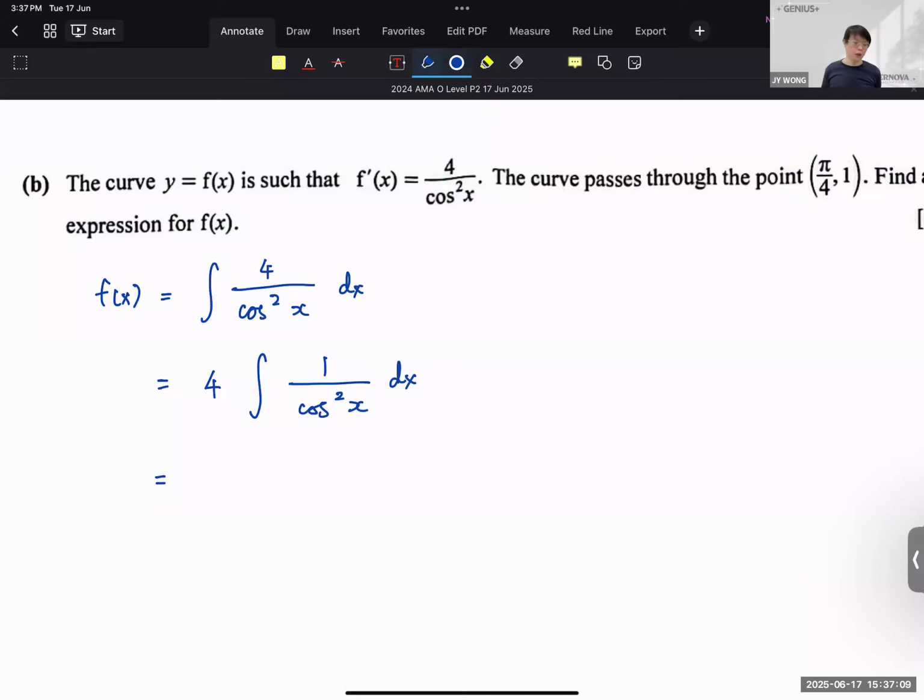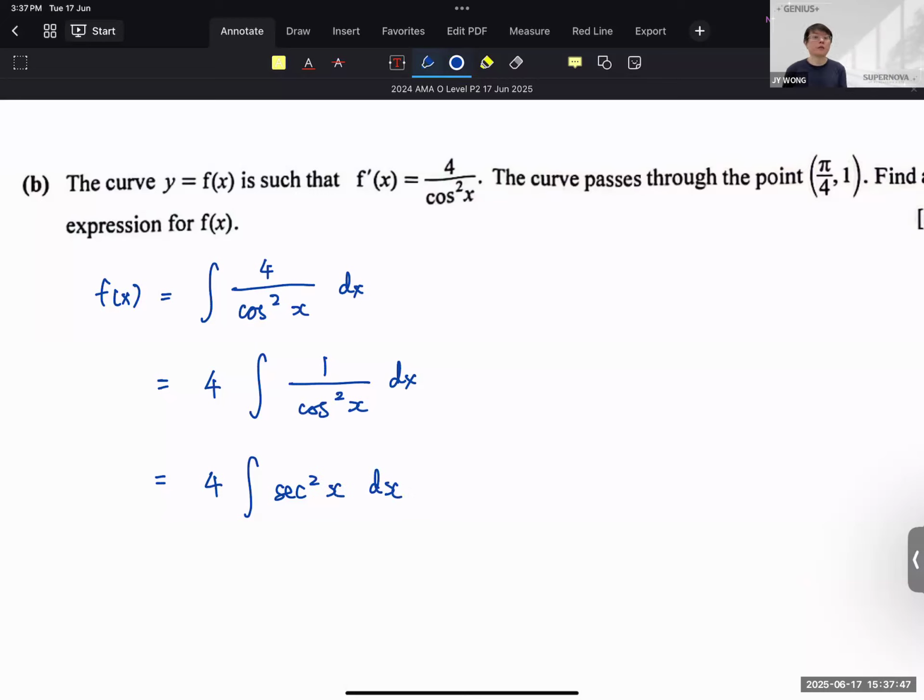What do I get, Elijah? 1 over cosine square is equal to, so it's equal to the integral of secant square x dx.